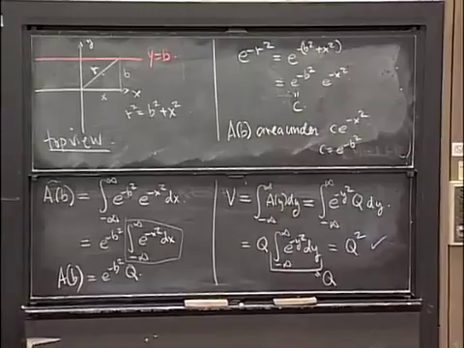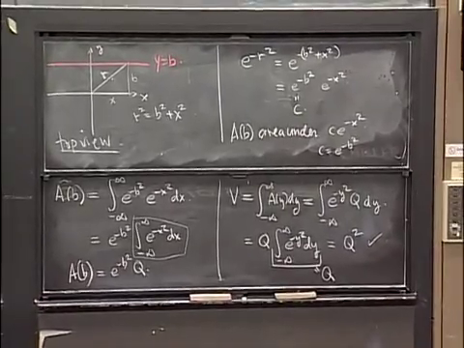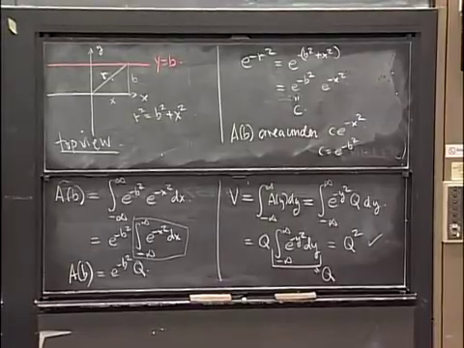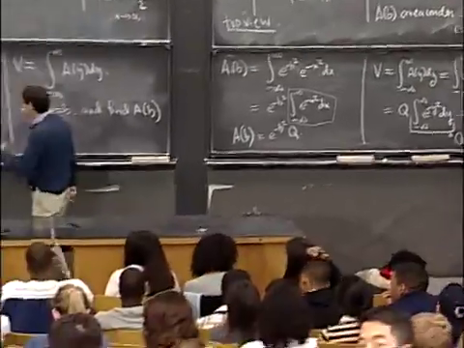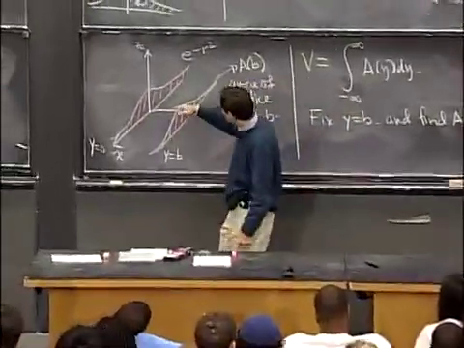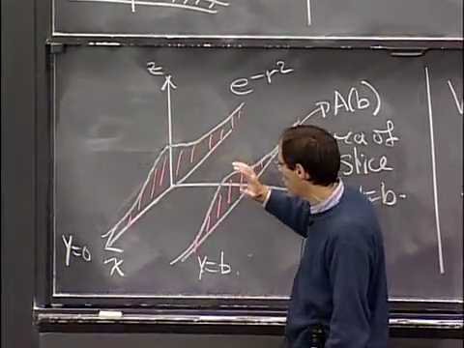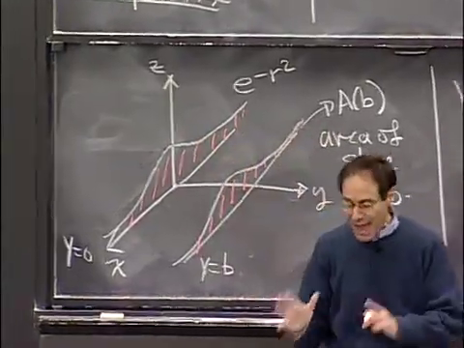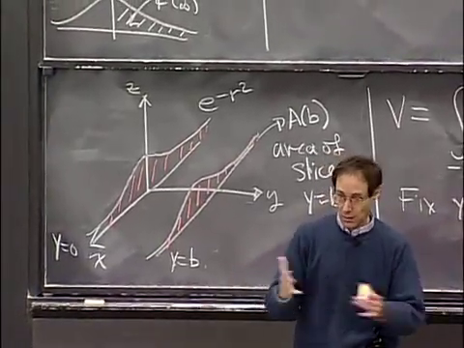Yes? So since you're rotating that three-dimensional plane around the z-axis, doesn't x change exactly as much as y does? The question is, because I'm rotating around the z-axis, doesn't x change exactly as much as y does? What happens is that x and y are symmetric variables. They can be treated equally.